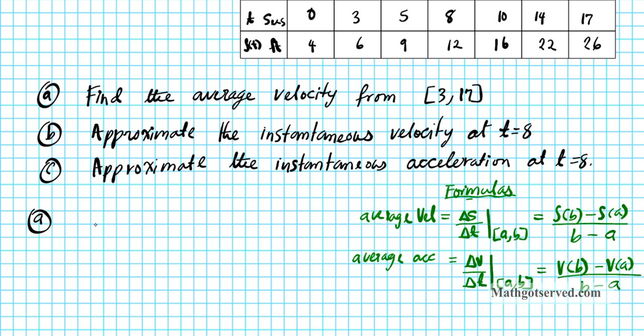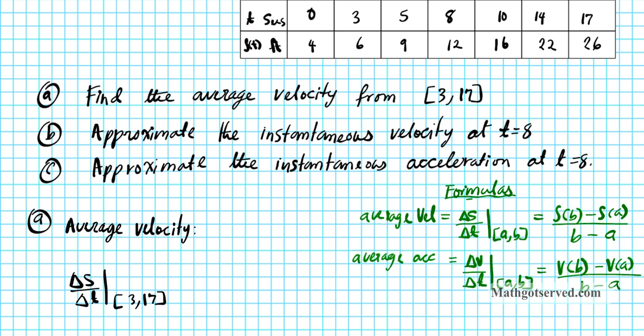So part A asks us to find the average velocity on the interval 3 to 17. Let's write that down. The average velocity is given by, let's use this formula right here, delta s over delta t evaluated from 3 to 17.